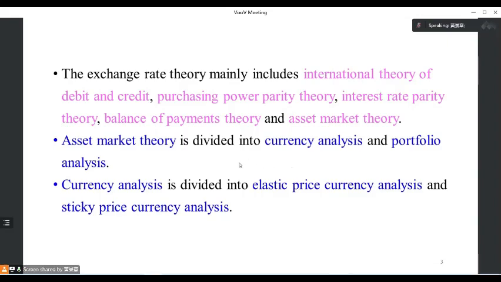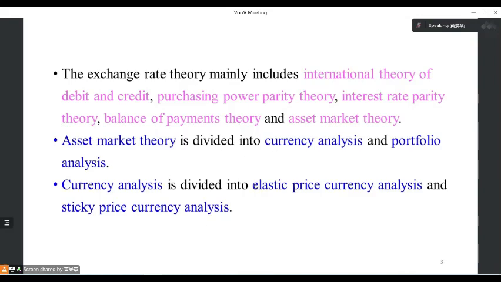Asset market theory is divided into currency analysis and portfolio analysis. Currency analysis is divided into elastic price currency analysis and sticky price currency analysis.